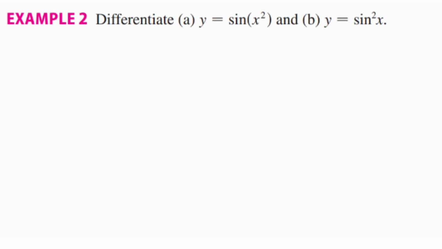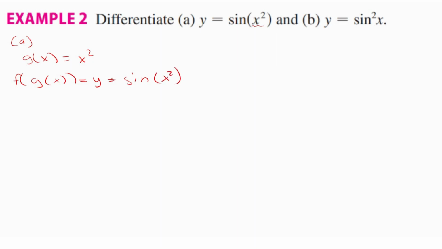Let's have a look at this example. We should differentiate y equals sine of x squared, and y equals sine squared x. Let's see the difference between them. Starting with part A, we might consider the g of x to be x squared. So x squared is the g of x, and we might say that f at g of x is y, which is sine at the g of x, which is x squared.